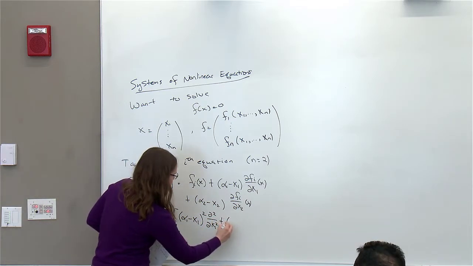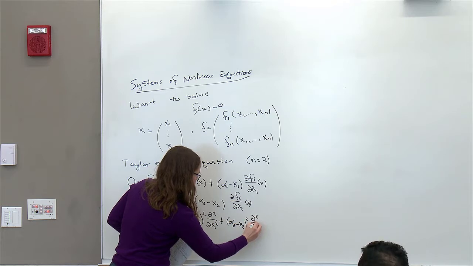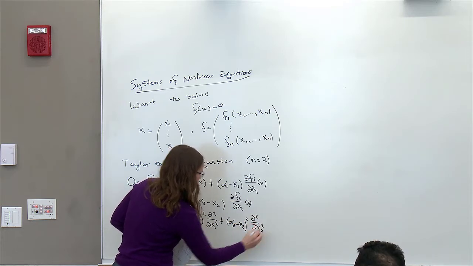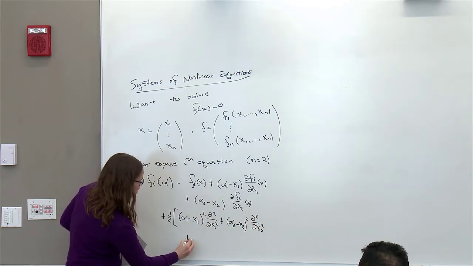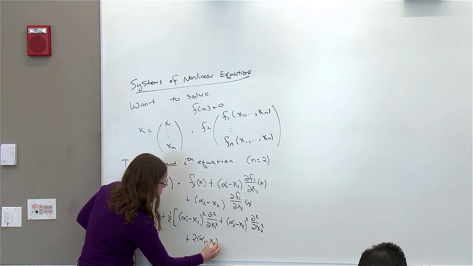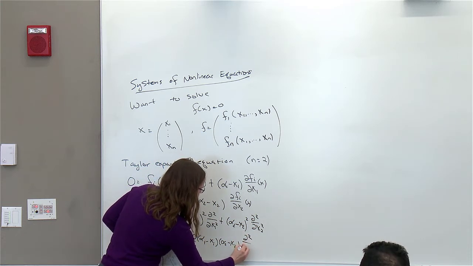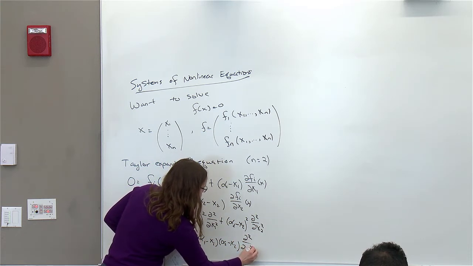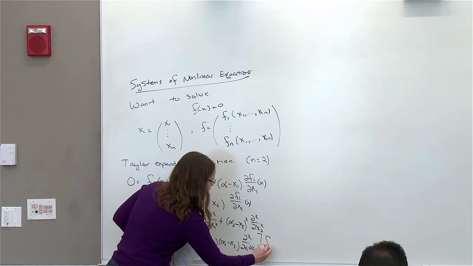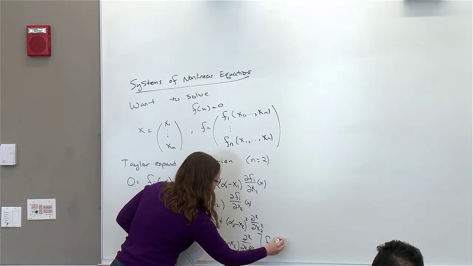I get my x2 term. And then I get the mixed term, d squared by dx1 dx2, and all of this is acting on f, evaluated somewhere.